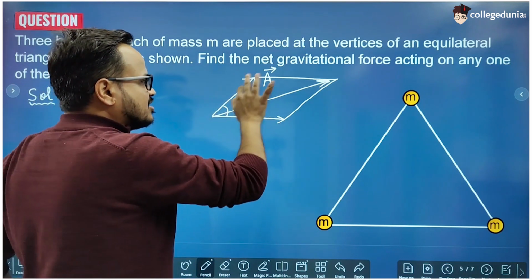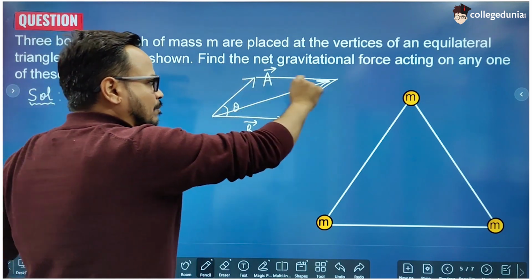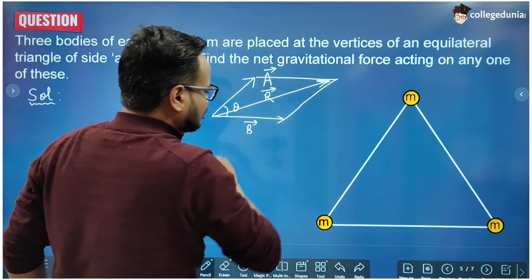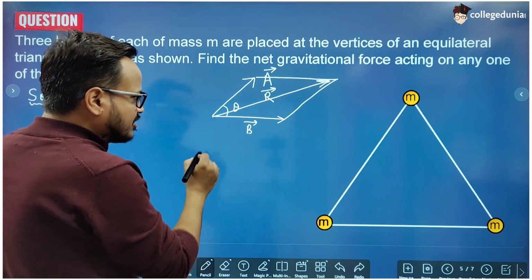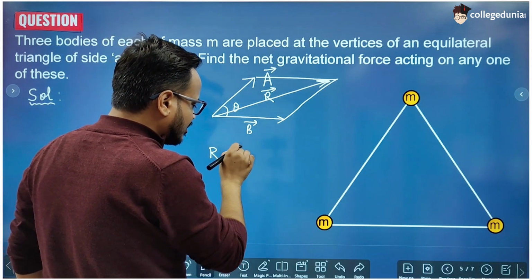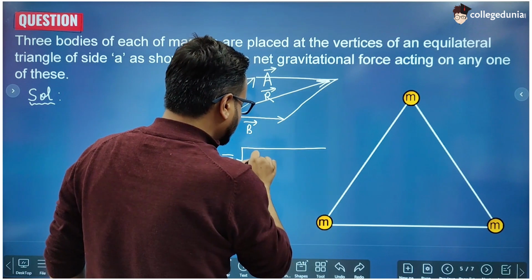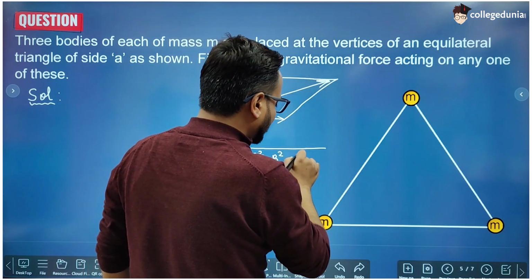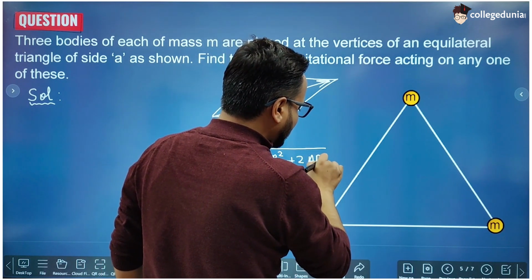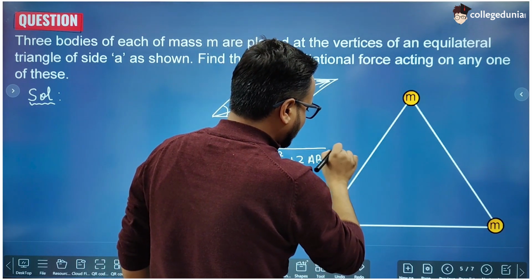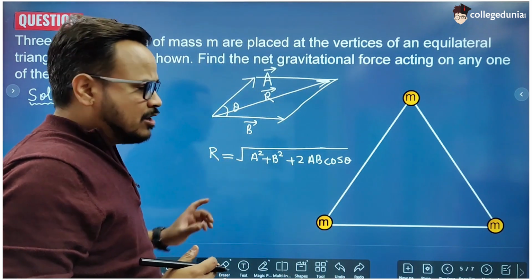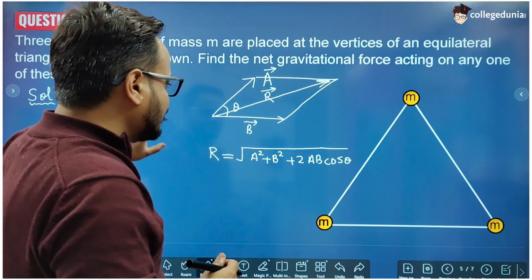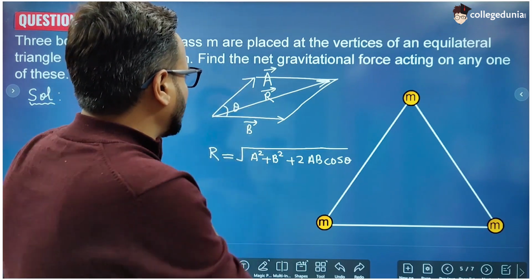This is one side, this is the other side, then complete the parallelogram, and this diagonal is the resultant of these two vectors whose magnitude is under root a square plus b square plus 2ab cos theta, right? So this is the formula that we are going to use. You can note down this formula in your notebooks, and I'm going to rub this off.